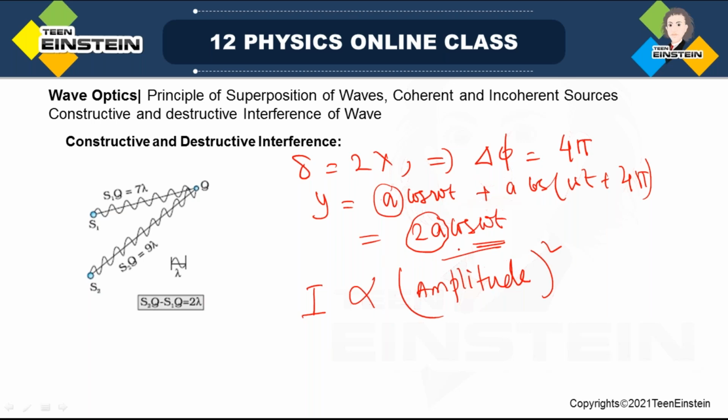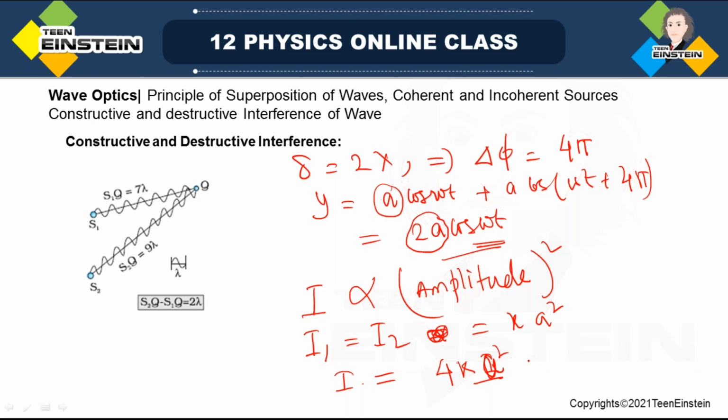So for the individual waves, intensity is proportional to a constant k times a square. And in this case, the resultant intensity is 4 times k times a square.